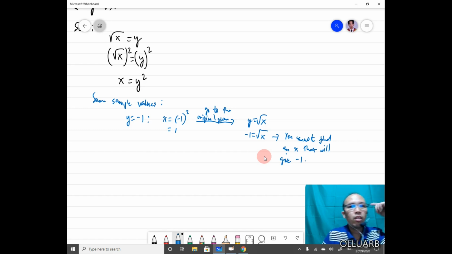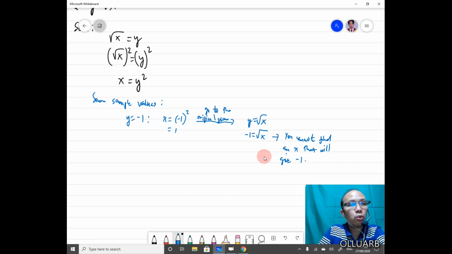So with this, our y, when we choose y which is equal to -1, doesn't belong to the range. But you may be tempted to show or to write that the range is from -infinity to +infinity.